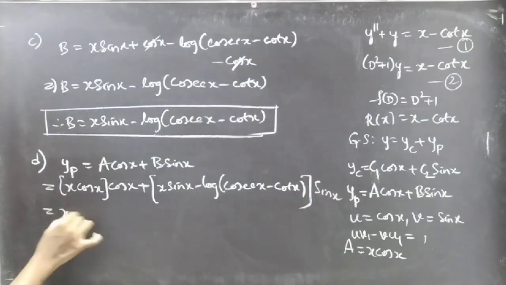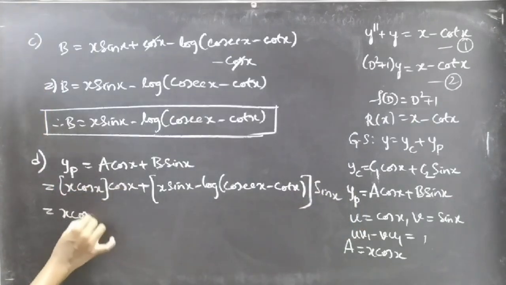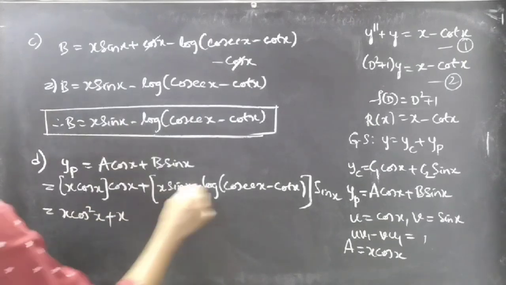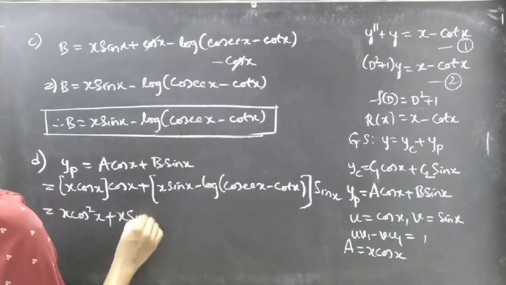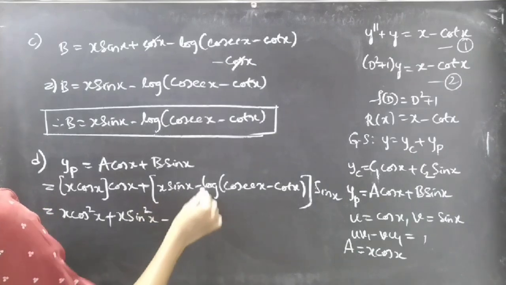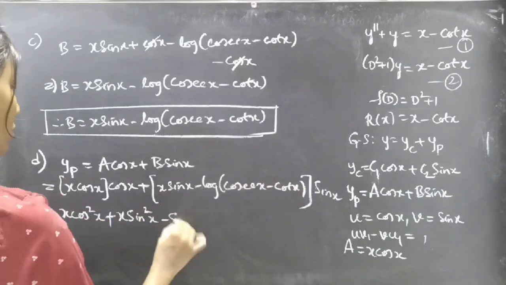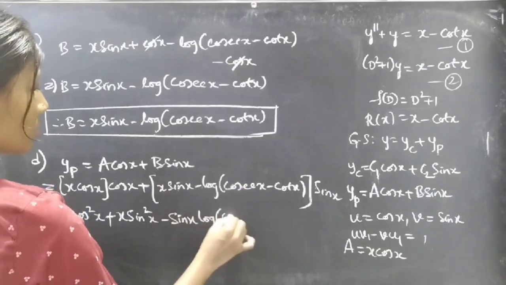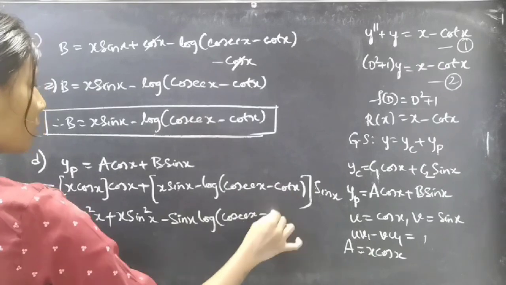This gives us x into cos x is cos square x, plus x sin x into sin x, sin square x, minus sin x log of cosecant x minus cot x.